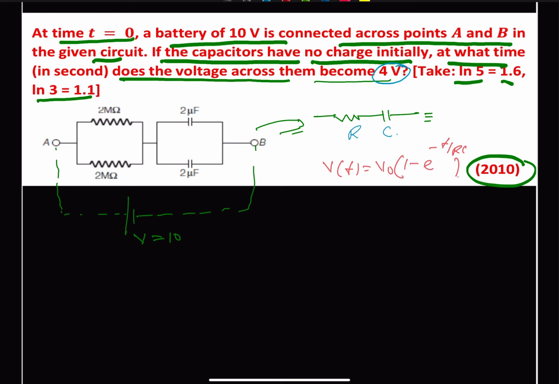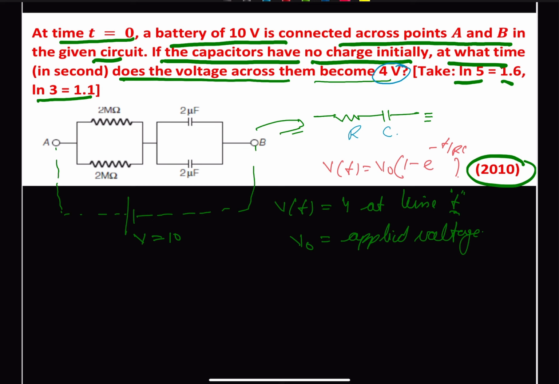Therefore, V of t should be equal to 4 volt at any time t. We substitute it, and this V naught is our applied voltage, or maximum voltage.